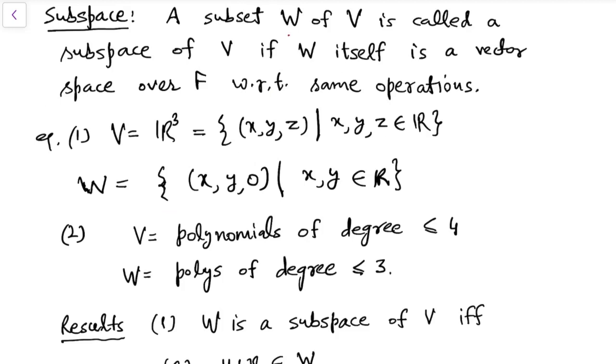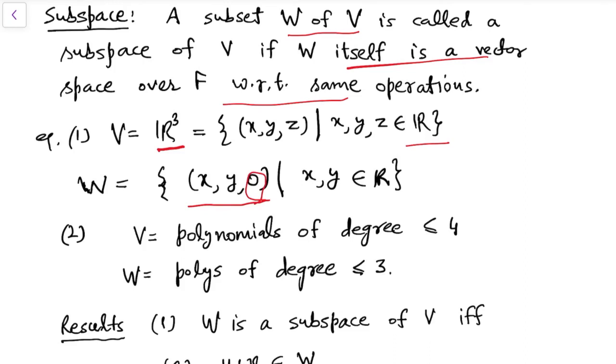A subset W of V is called a subspace of V if W itself is a vector space with respect to the same operations of addition and scalar multiplication. For example, if we have this vector space of three tuples R cube, and W is this set consisting of three tuples of this type, third coordinate is always 0, then it becomes a vector space with respect to the same operations.